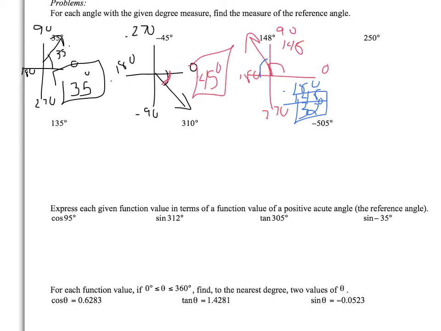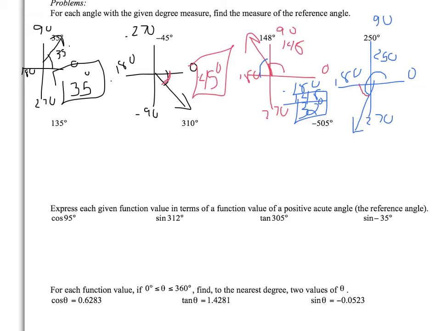Now for the 250. 250 is going to be in quadrant 3. This piece that I'm drawing right there is 250. My reference angle is going to hit the line and the x-axis.